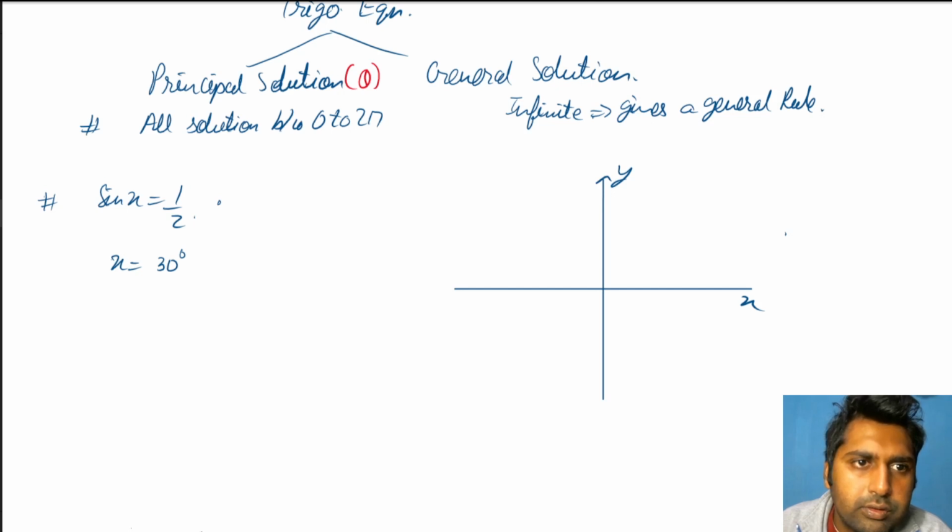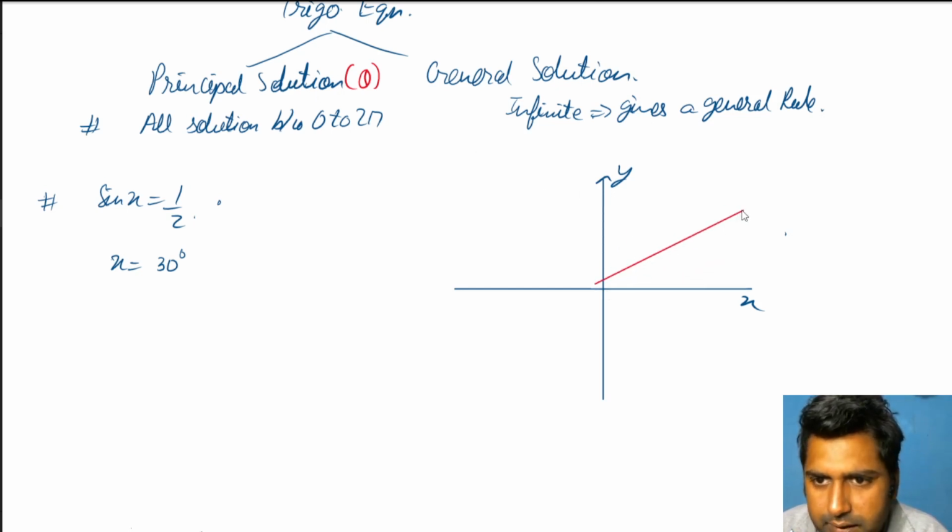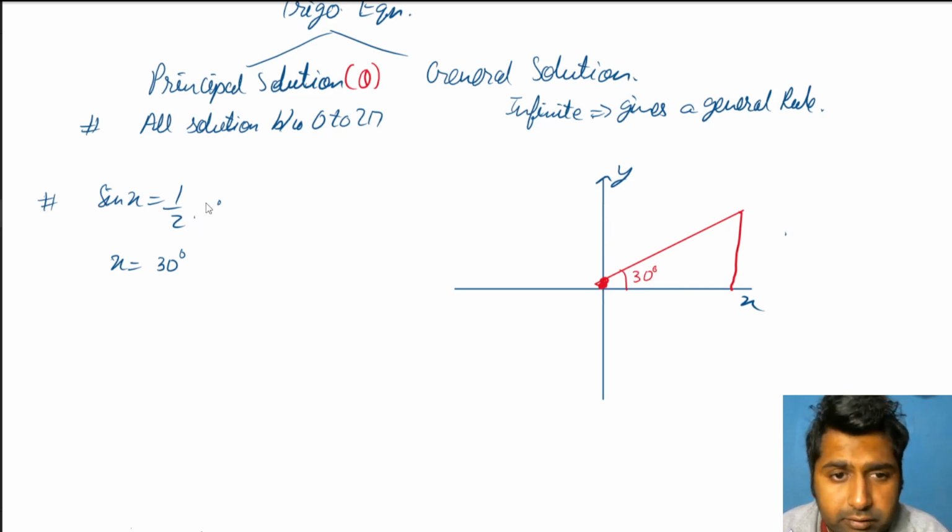So if you know this is 30 degree, just in the first quadrant make a triangle of 30 degree. For this 30 degree we know sine is 1 by 2, and sine is positive. Sine is positive in first as well as in second quadrant.